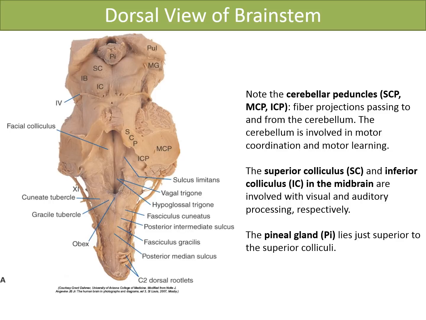We can also see the superior colliculus, the inferior colliculus, and the pineal gland. You can see the facial colliculus, a little bump representing a location of the facial nucleus.